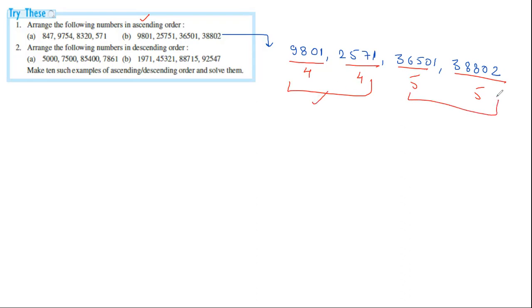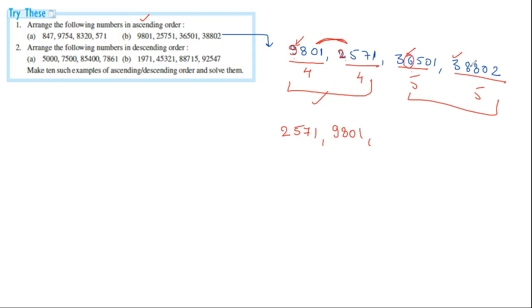This is fixed. But for 4 digits, we also have 2 numbers. Out of these, the one whose first digit is the greatest will come after, because we need to write it in increasing order. So I'll write 2, 5, 7 first, then 9, 0, 1, and out of these 2, the 3 is the same.